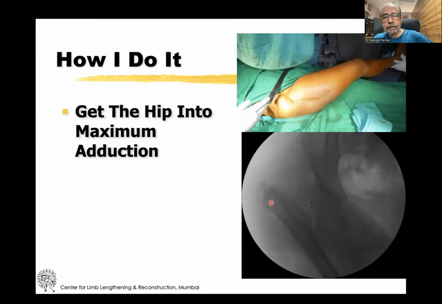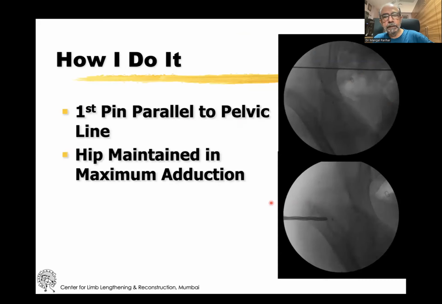In this adducted view, I will put my pin parallel to that pelvic line while maintaining the hip in maximum adduction. So here you see a drill bit going into the tip of that trochanter to prepare for that first pin. So now this is this pin.